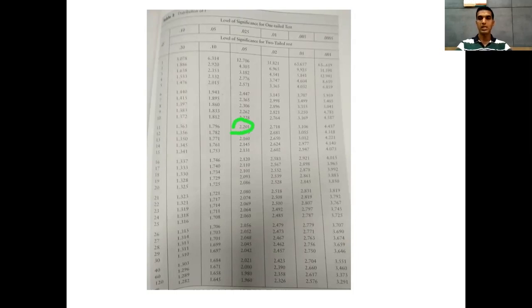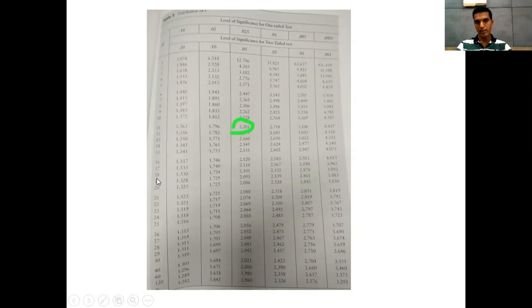So N1 for this problem is 10, N2 also is 10, minus 2. So totally, it is 20 minus 2, which is 18. So you get 18 as the degree of freedom.